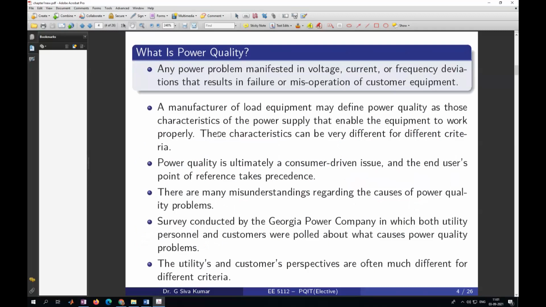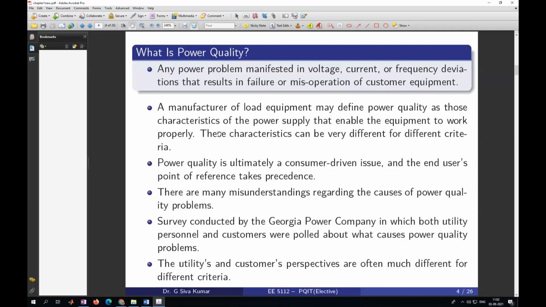And then we have seen what power quality is. We have not gone into depth on how you define power quality. What we have seen is that, with respect to equipment failure or misoperation, there should not be any issues related to voltage, current or frequency deviation that result in failure or misoperation of the customer equipment.